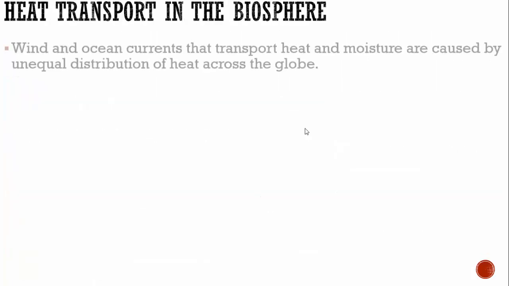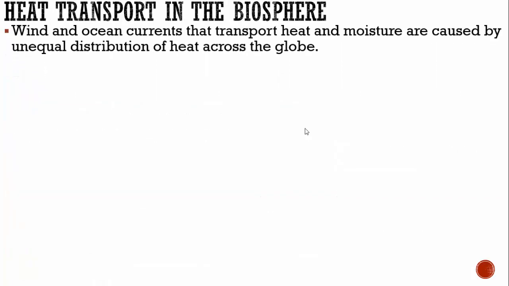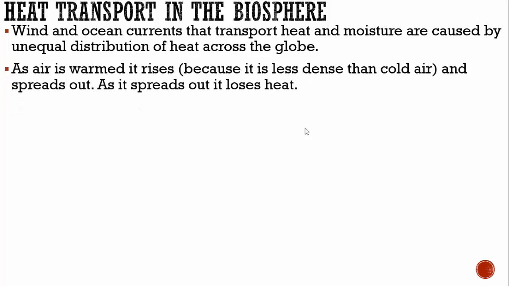All right, heat transport in the biosphere, and of course bio meaning life, we're talking about every living thing. Now, wind and ocean currents that transport heat and moisture are caused by unequal distribution of heat across the globe. As air is warmed, it rises because it is less dense than cold air. Warm air is less dense, and less dense things rise, more dense things sink, and it spreads out.